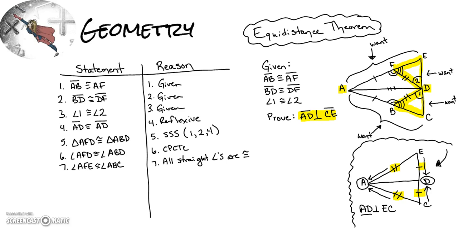And then that leads us to that subtraction step that I said. Angle EFD is congruent to angle CBD. And that's because of subtraction.